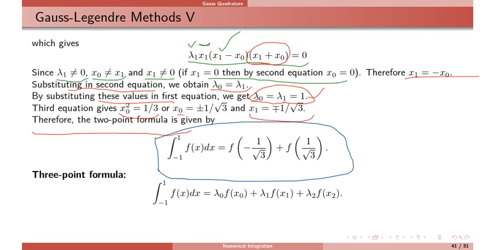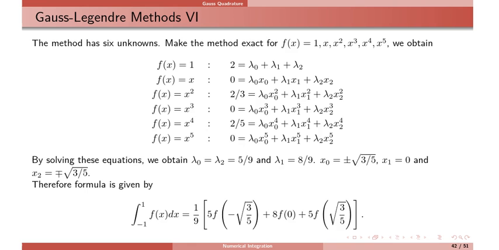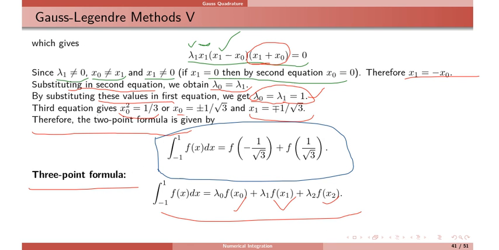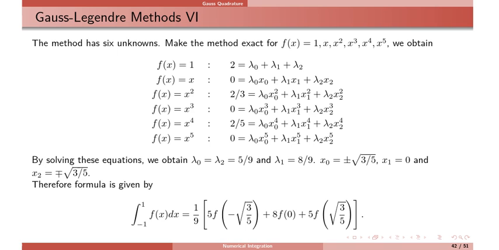And similarly, we have another, the 3-point formula. So we use 3 points x0, x1 and x2. So the formula is lambda 0 f(x0) plus lambda 1 f(x1) plus lambda 2 f(x2). This method has 6 unknowns: lambda 0, lambda 1, lambda 2, x0, x1 and x2.